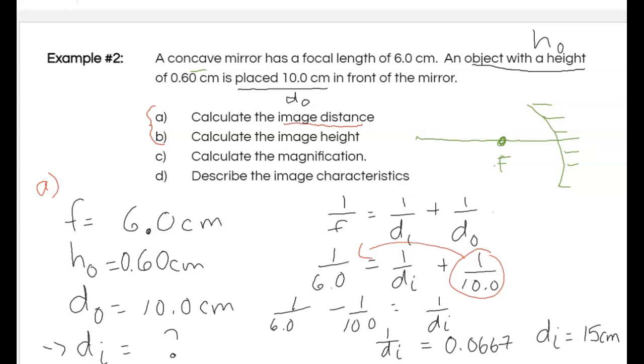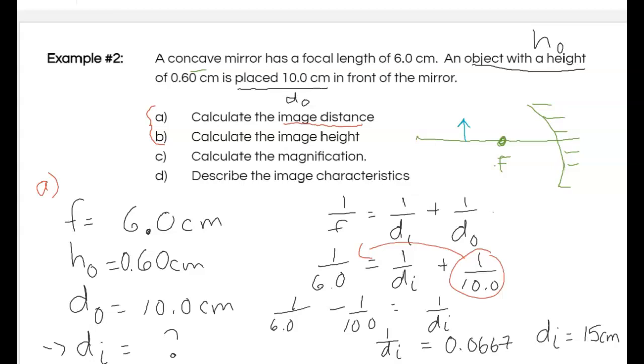I have my focal length at 6 centimeters, and my object distance is at 10 centimeters. If I wanted to illustrate that, it would be around here. And this is telling me that my image distance is at 15, so way back here.